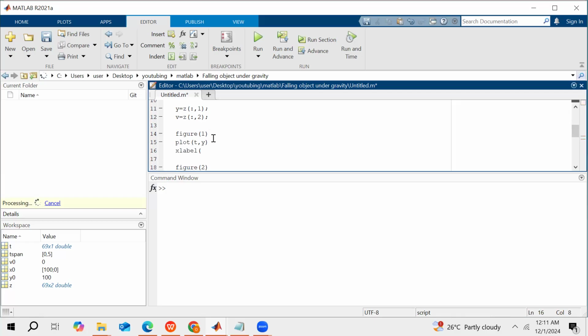X label time, Y label. So I'm going to call this displacement. So I'm going to call this X label time, Y label velocity. So let's run this again.